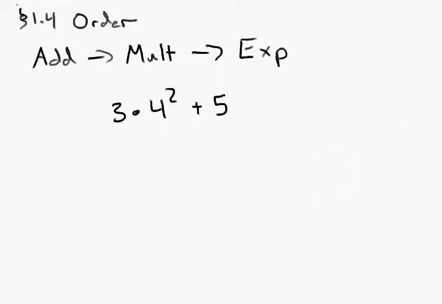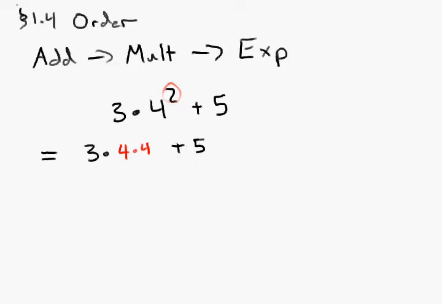To answer that question, we're going to take this expression here and break it down. To begin with, I'm going to take this exponent and write it in terms of multiplication. It's 4 times 4. And then we'll fill in the rest of the equation around it.